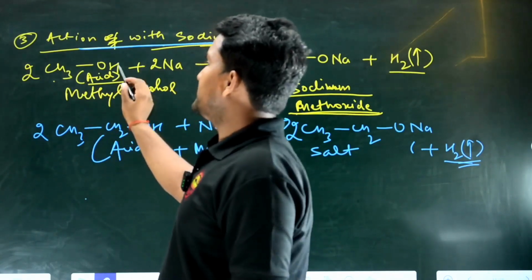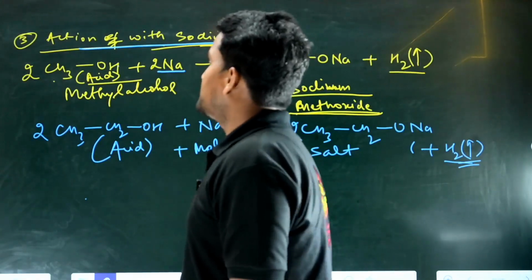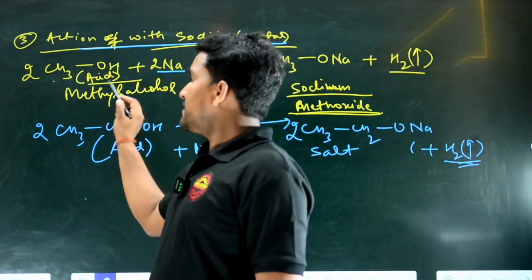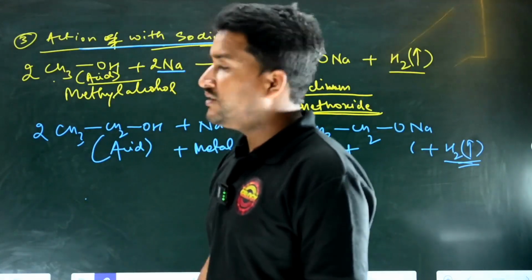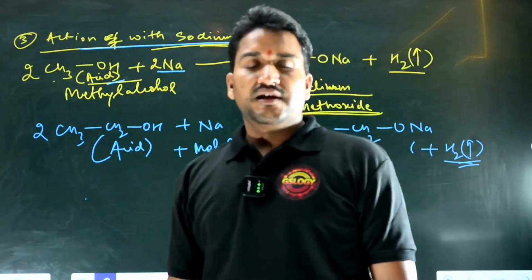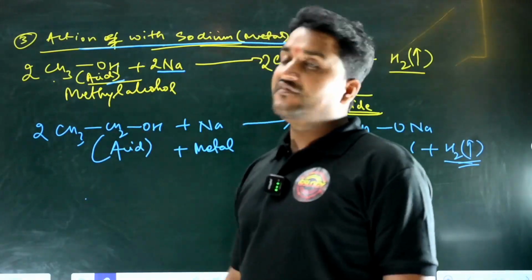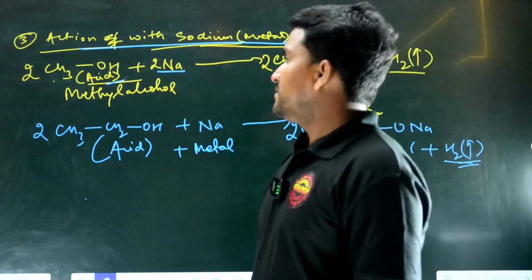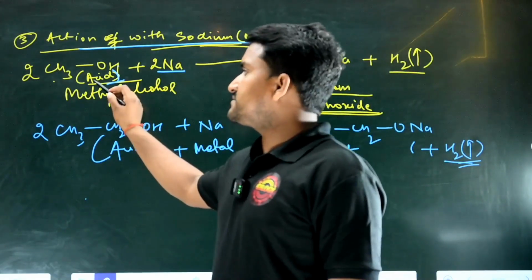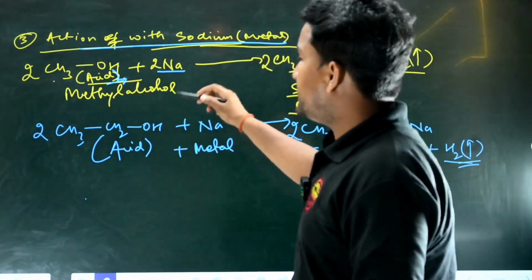Methyl alcohol, when treated with sodium... you know very well, what is the nature of alcohol? Acidic in nature. Alcohol shows acidic nature as well as basic, that's why it is amphoteric in nature. Here in this reaction, methyl alcohol acts as an acid.